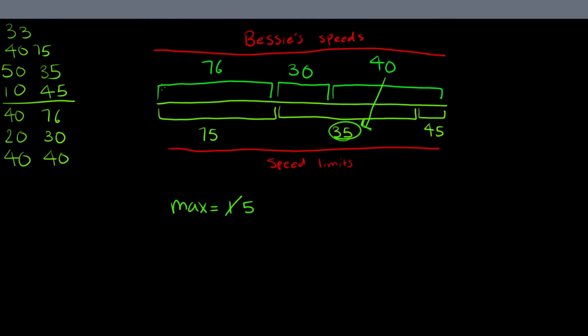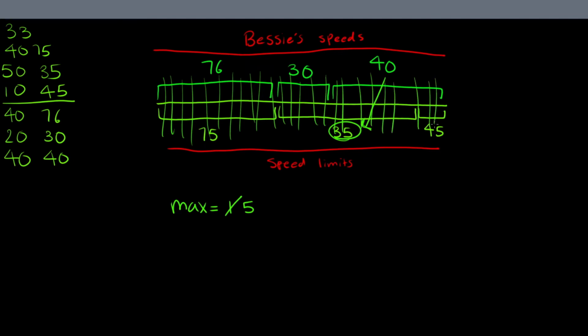So one element will represent 1 mile. We're just going to check every single element and see how much Bessie is driving over the speed limit by, and we're going to update max accordingly. And so we're just going to check every single comparison, and eventually at the end, theoretically, we will have the max. So let's go ahead and do that.